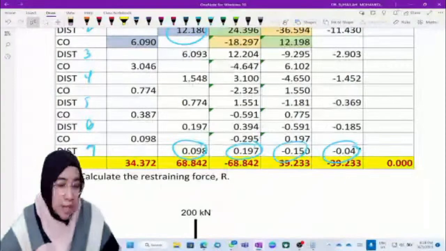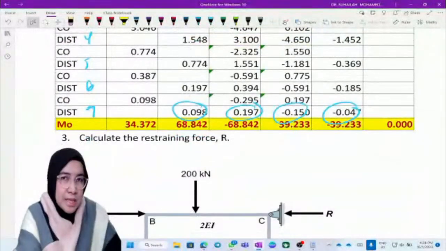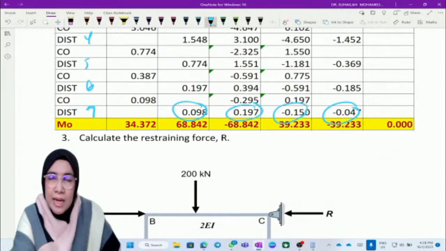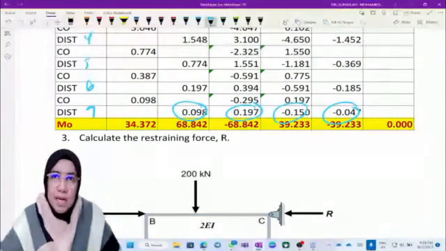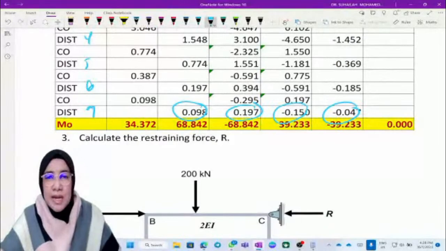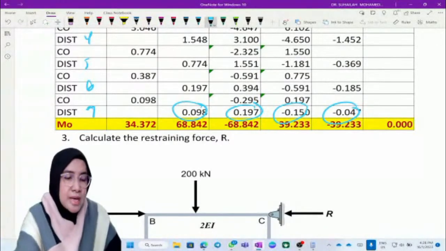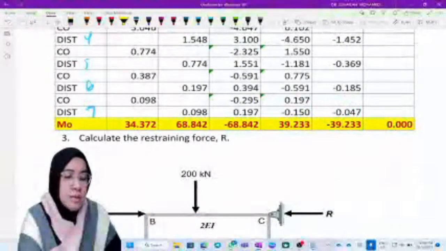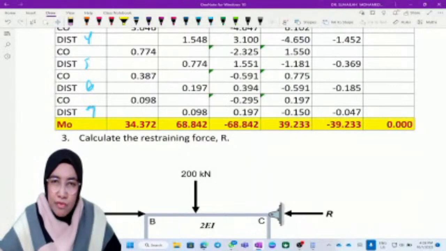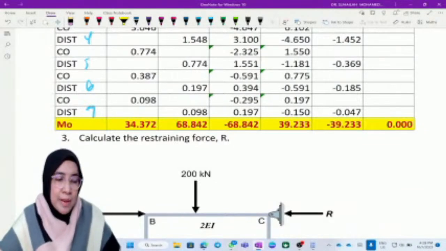We have to calculate the restraining force, because at the end of the analysis we need the correction factor. We calculate the restraining force using the moment that we get from table number 1, using analysis of frame.